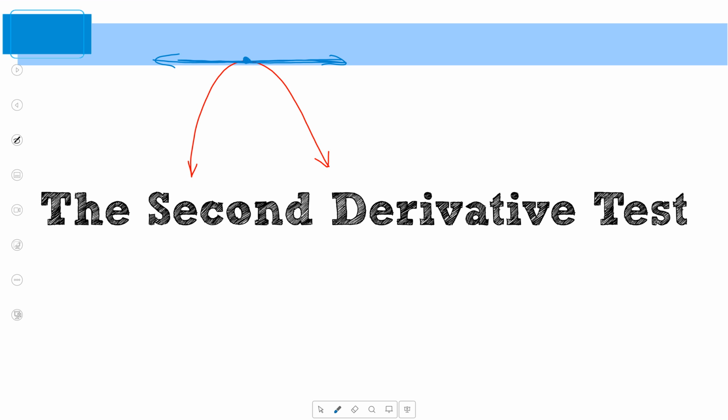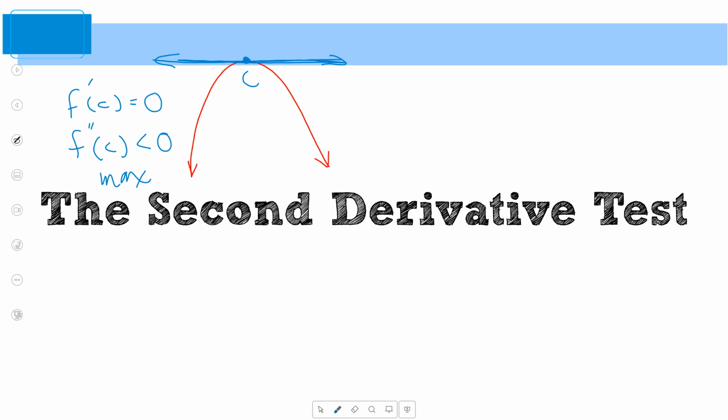If you have a hill and you've got a critical number, i.e. a horizontal tangent line, it's got to be a maximum. So if, let's call this point C, if f prime of C equals 0 and f double prime of C is negative, then that implies we have a max. If it's concave down, you have a hill. The top of the hill must be a max.